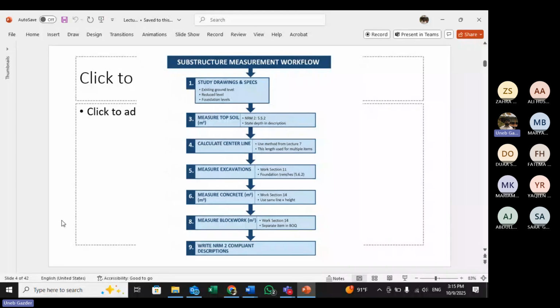So you remove it. Then you calculate the center line we discussed in the previous lectures, and the internal girthing, the external girthing. The center line calculation is done, and then you will use it, as you will see later on in these slides. We'll use a center line for calculating many items.